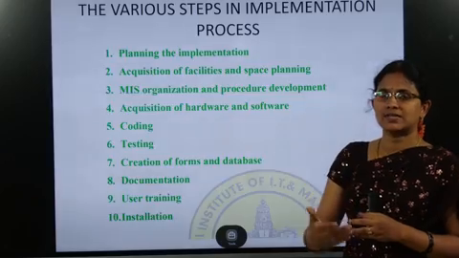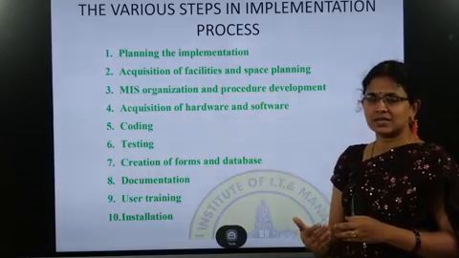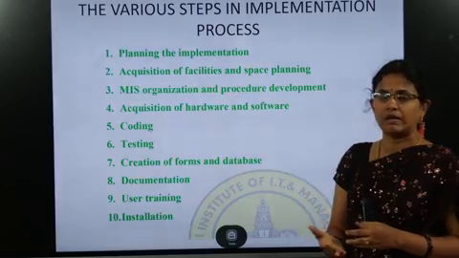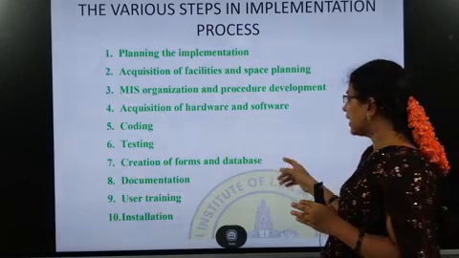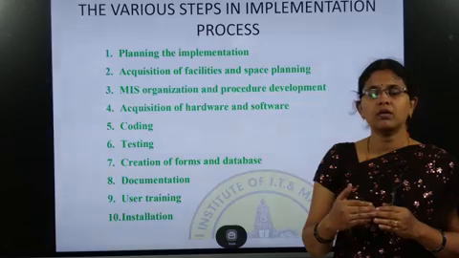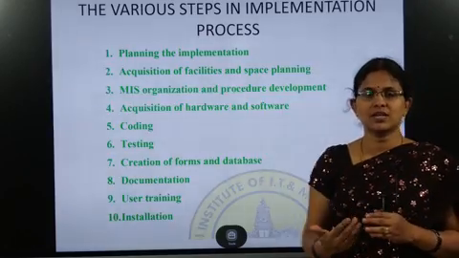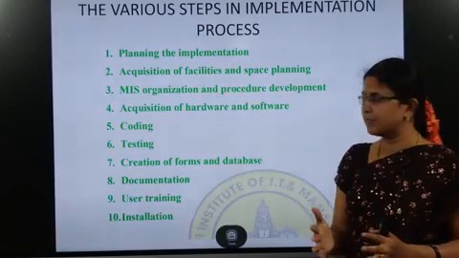Next we go for testing the new system. If in the testing the new system is successful and not throwing any errors, next we go for creation of forms and databases. It means, as an example, to check whether it is working in a proper manner or not, we generate some forms and databases, and based on that we decide whether it is running successfully.